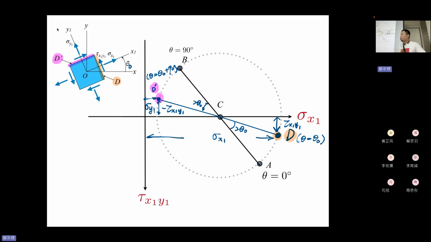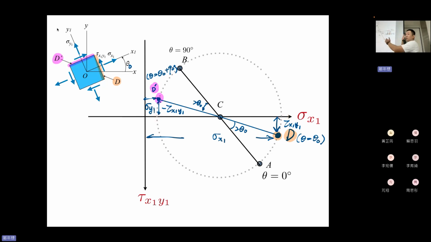And next, I'm going to introduce that the Mohr circle can also help you get the principal stress and the maximum or minimum normal stress. So now you see the value, you see the circle. Where does the principal stress occur? Here and there, right?